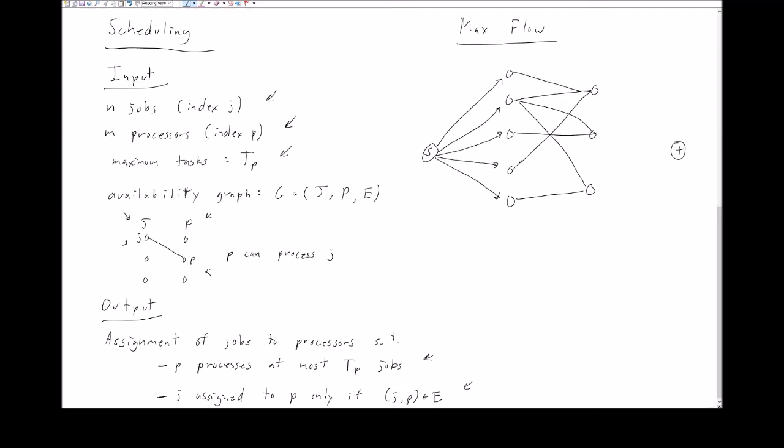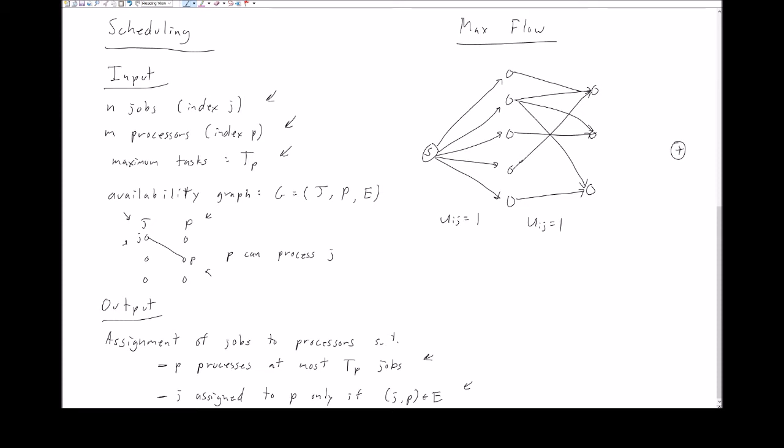The capacity along each one of these arcs, u_ij, is equal to 1. Inside of the availability graph, we turn it into a directed one, where the arcs are pointing from the jobs to the processors, and we set the capacity on each one of these arcs equal to 1. That is, this one unit of flow on this job can only go to exactly one processor.